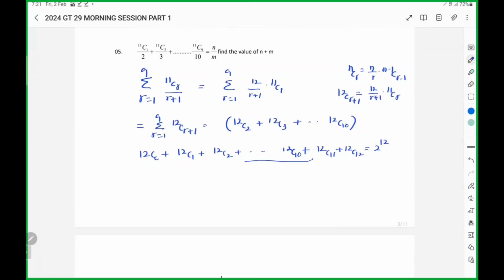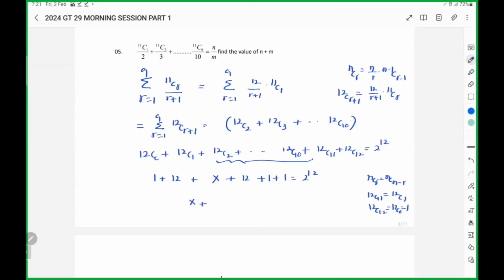It is actually 12 C2 onwards. This we have to find. We know that 12 C0 plus 12 C1 and so on is (1 plus x) to the power 12. 12 CR is same as 12 C 12 minus R. 12 C11 is 12 C1, 12 C12 is 12 C0, which is 1.